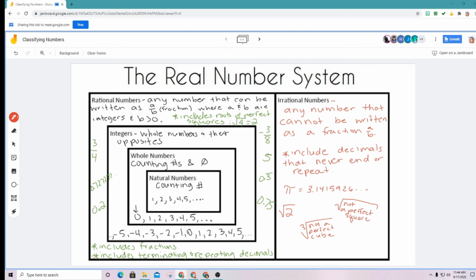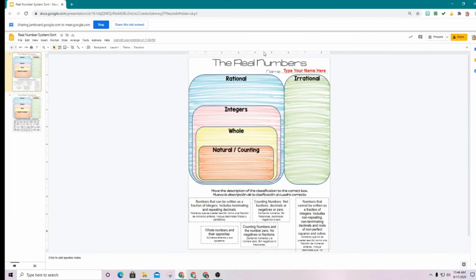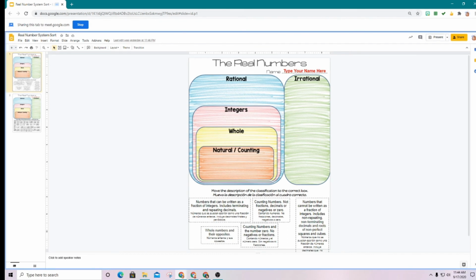So the first thing you're going to do in class today is this. Let me share it to you. Did it share to the right Google Meet? It sure did. The first thing you're going to have to do is take the definitions of the words and place them in the correct area.